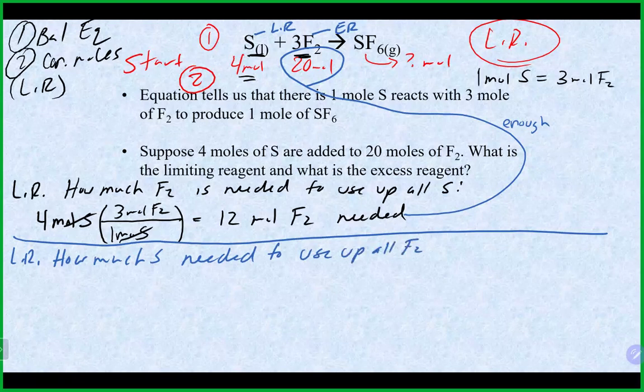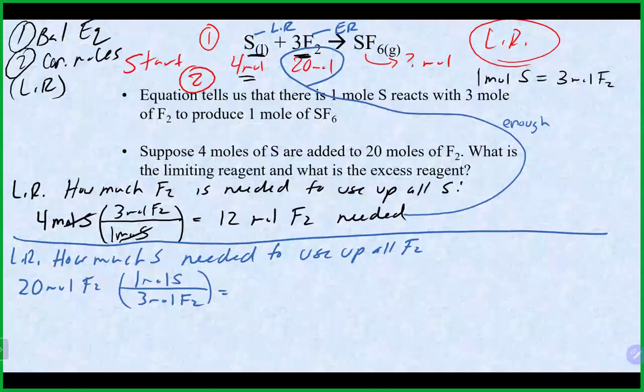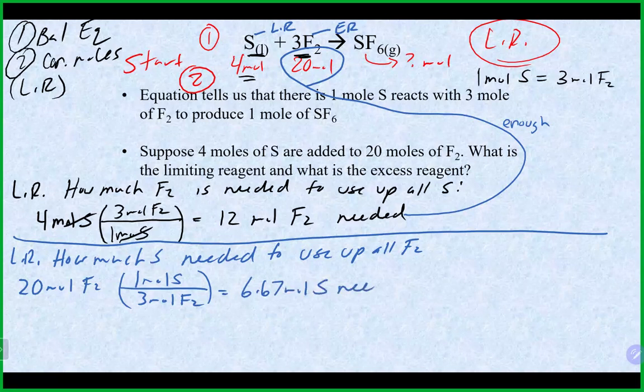So I'm going to take the fluorine that I started with, which was 20. Going to use the same mole-to-mole relationship, 1 mole sulfur, 3 moles of fluorine. And that's going to give me here 20 divided by 3, about 6.67 moles of sulfur would be needed.